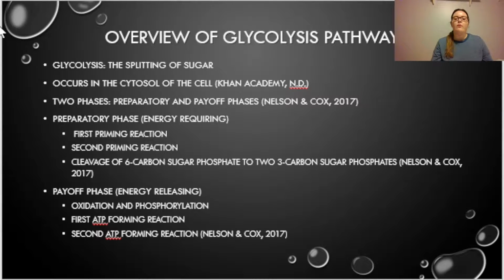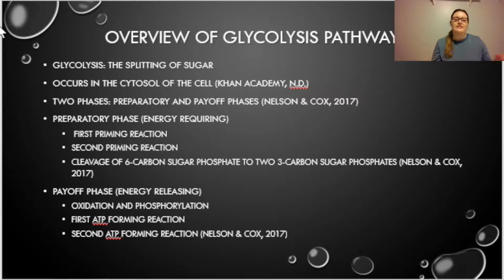As a result of that, we want to make 2 pyruvate molecules for every molecule of glucose to conserve our mass in our chemical reactions, to balance our chemical equations. And because of that, we would need 2 pyruvate molecules to then add up to the 6 carbon atoms we originally started with in the glucose molecule.